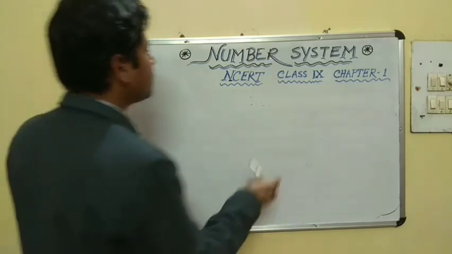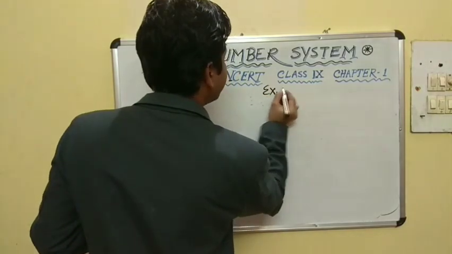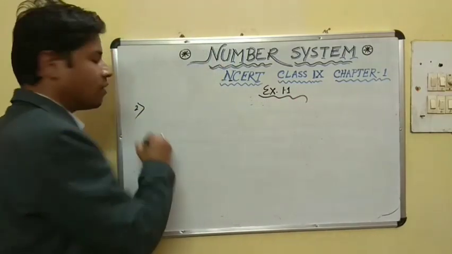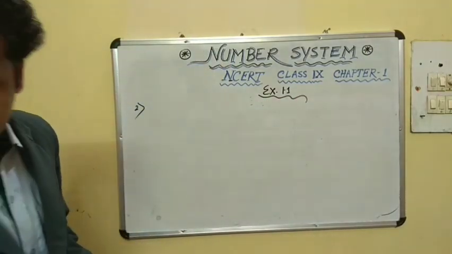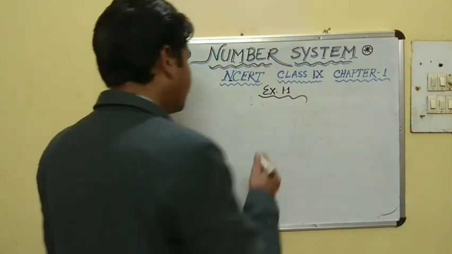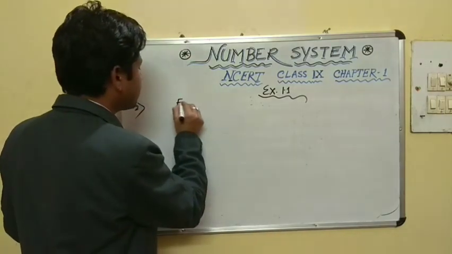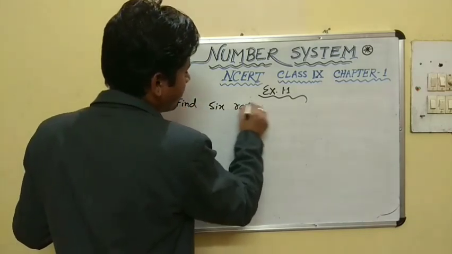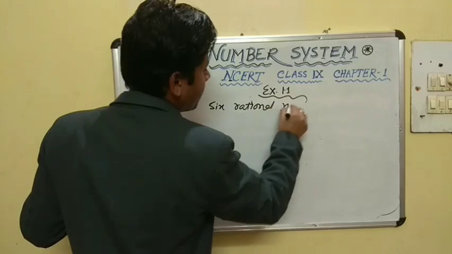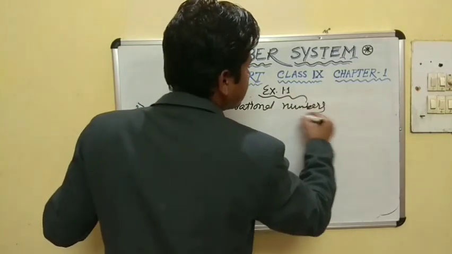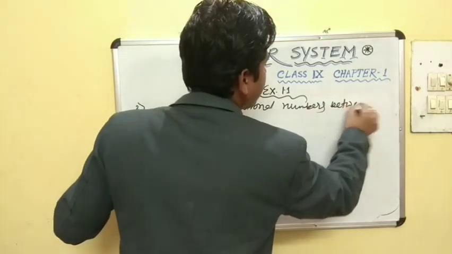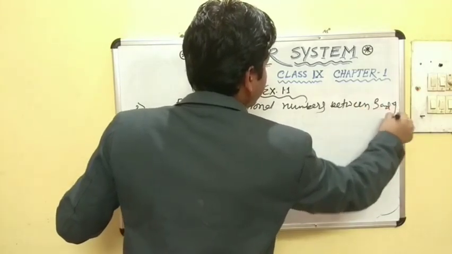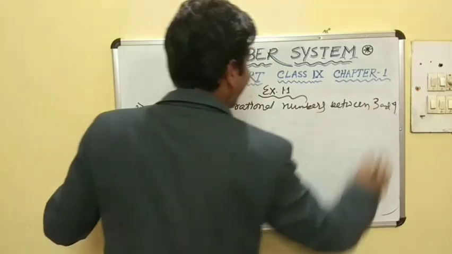Exercise 1.1. I am writing here. Question number 2. Find 6 rational numbers between 3 and 4. Students, be careful about this.